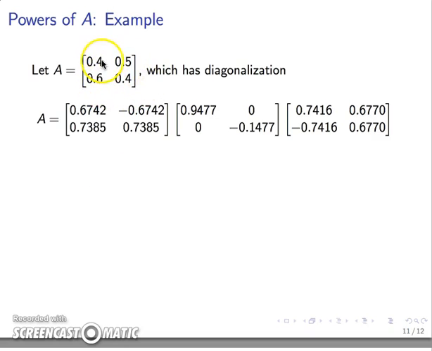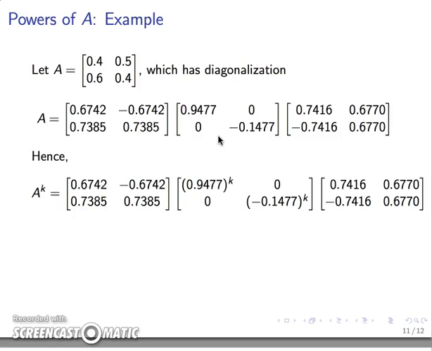This matrix looks very similar. It's not quite Markov. The second column, though, is 0.5 plus 0.4, which is 0.9. We compute the eigenvalues. Now we have here 0.94. This could be considered lambda 1, and this one over here could be considered lambda 2. So it's easy to see that in modulus, in absolute value, both of them are less than 1 when we raise the eigenvalues to the kth power.